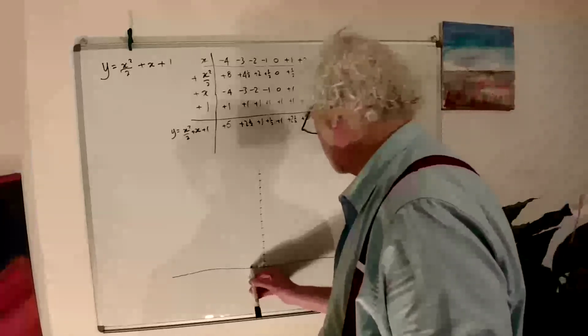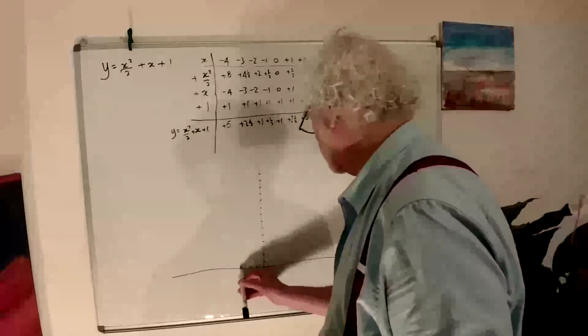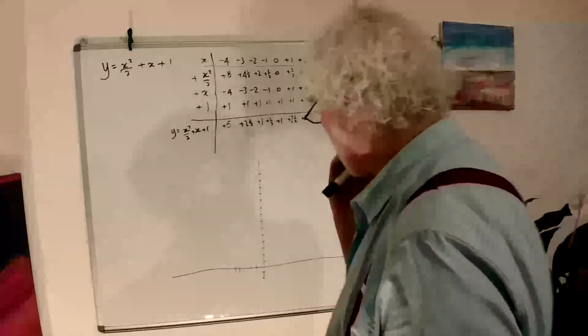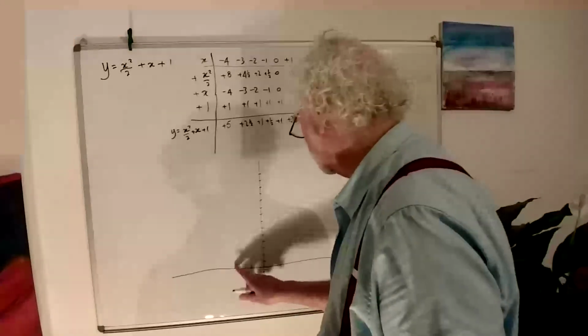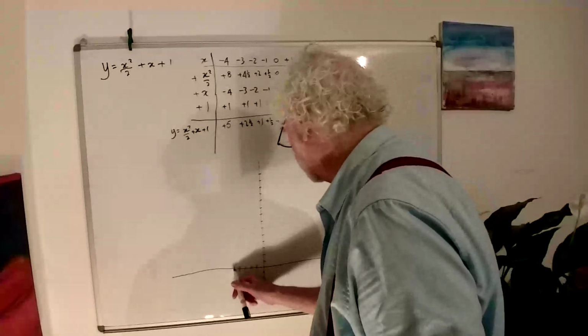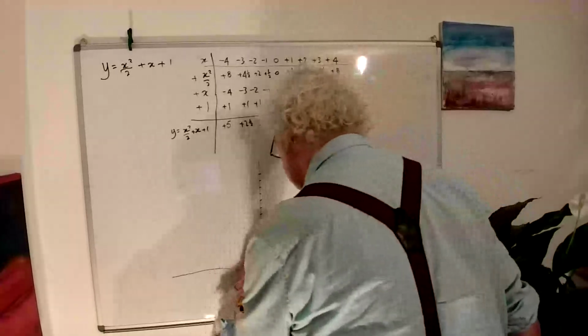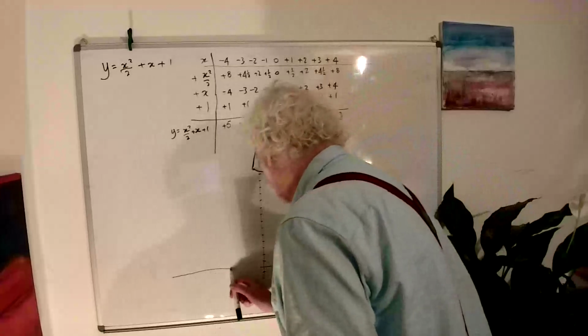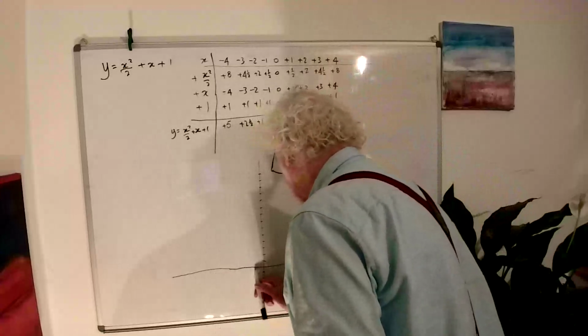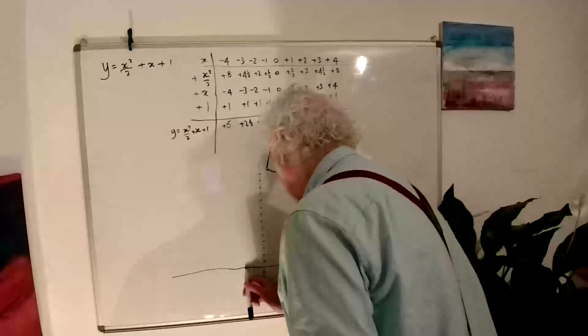One, 2, 3, 4, 5. That's not very good. Should be a little bit further out. Not good enough, Steve. I'm going to make the scale a bit wider again.